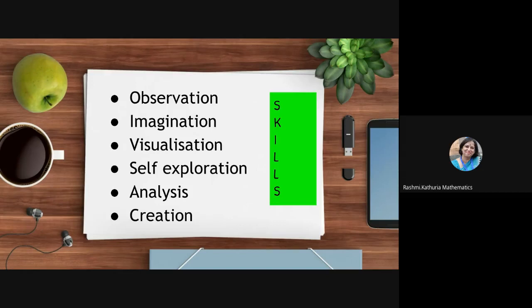So, here today we are going to explore an online tool which is called Isometric Drawing Tool for doing self exploration, and it will help us realize the importance of observation, imagination, visualization, and doing self analysis, and finally creating something new.